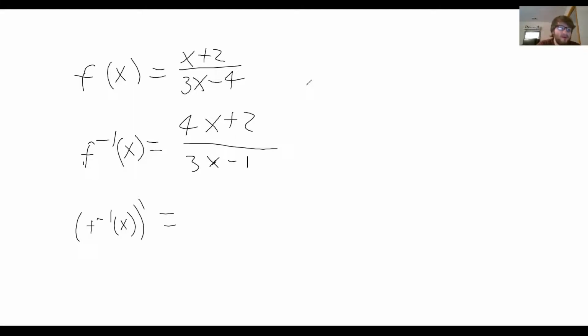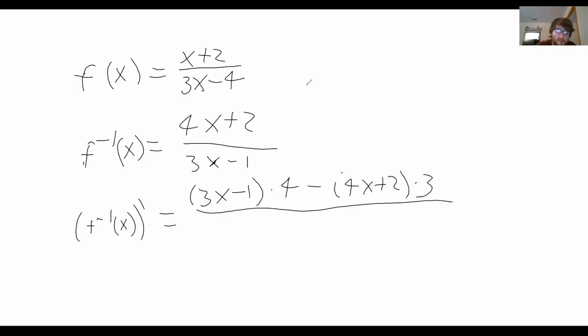So I do low d high. So we have 3x minus 1 times the derivative of the top, which is just going to end up being 4, minus high d low. So just the top, 4x plus 2, times the derivative of the bottom. So d low is times 3, all over the low squared, which is 3x minus 1 squared.